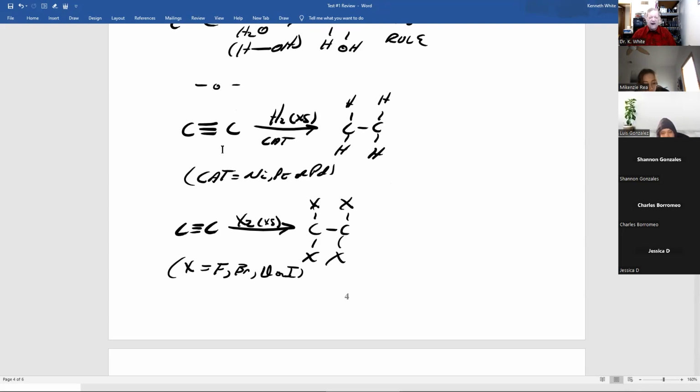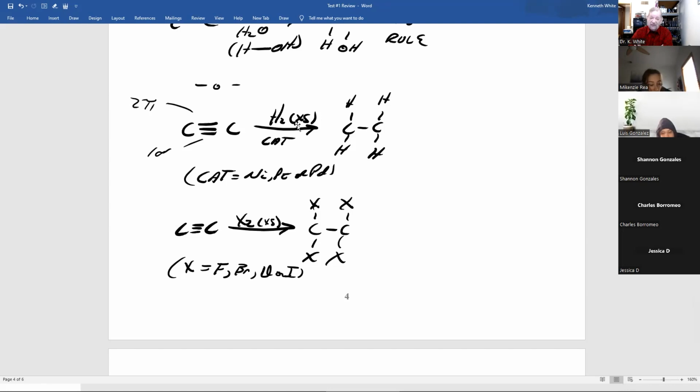All right, now, we talked about a triple bond, which is 2 pi bonds and 1 sigma bond. We reacted with hydrogen. Now we've got this bracket, the letters X and S and closed bracket. And that means excess. Organic chemists are lazy.